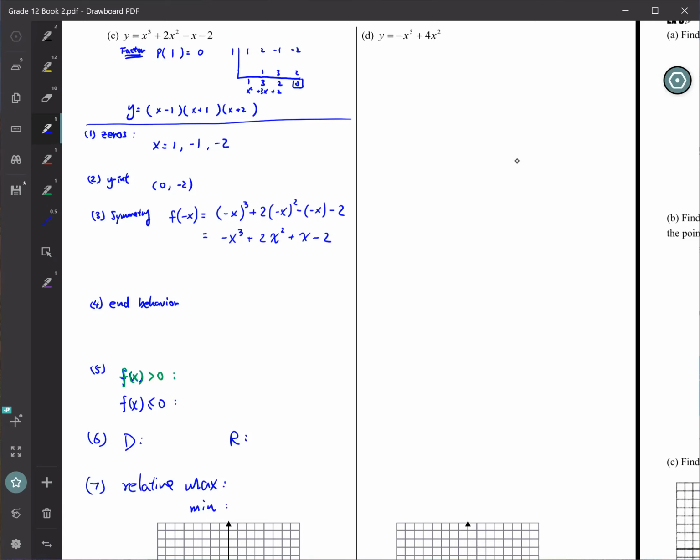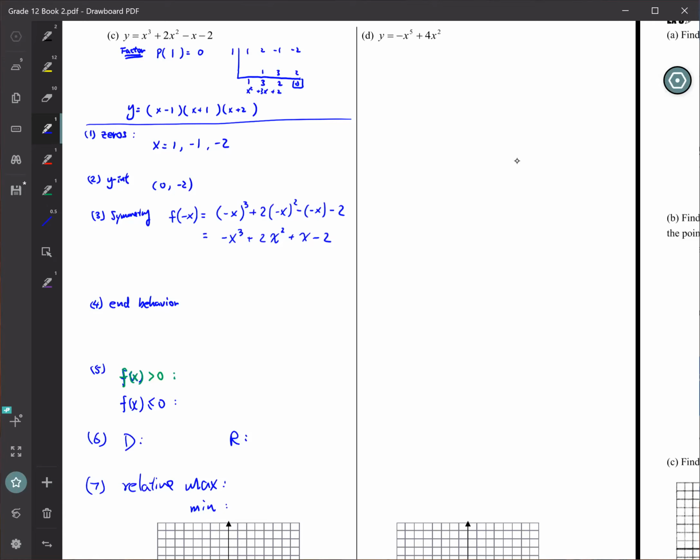Now, if you look at this and compare with the original function, are they the same? No. Which part is different? The negative x cubed and the plus x. Yes. Because it does not look the same as before, is it reflected over y-axis?